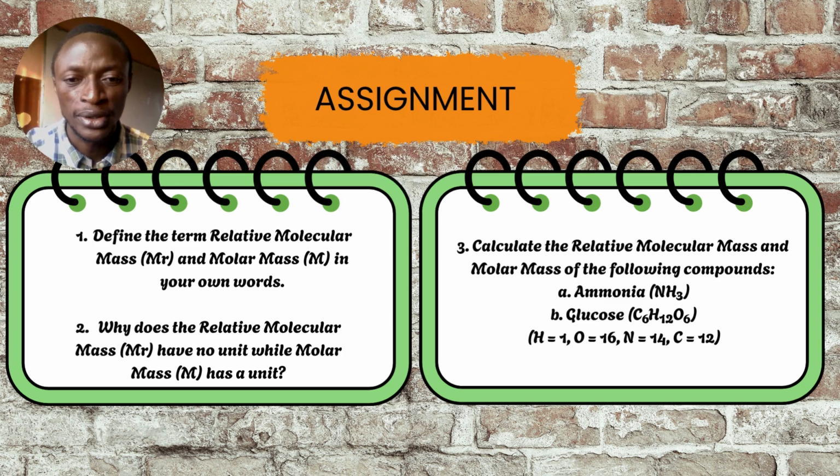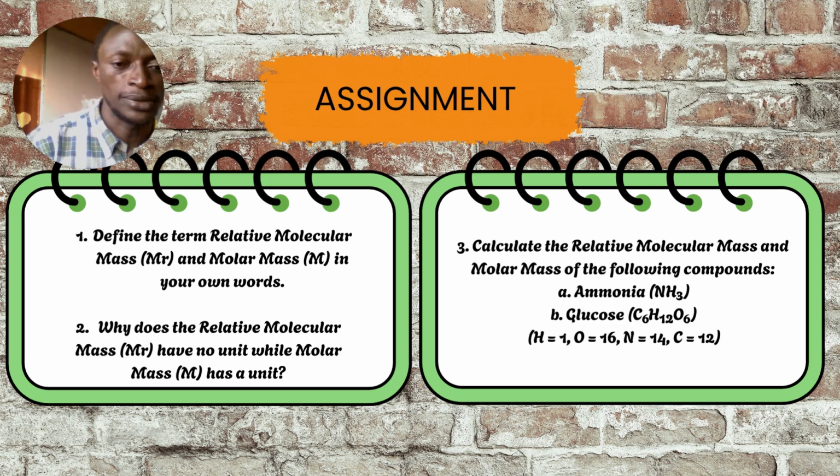Now, in conclusion, I have some assignments for you, and they are displayed on your screen. Define relative molecular mass and molar mass in your own words. Why does the relative molecular mass have no unit? Why does molar mass have a unit?